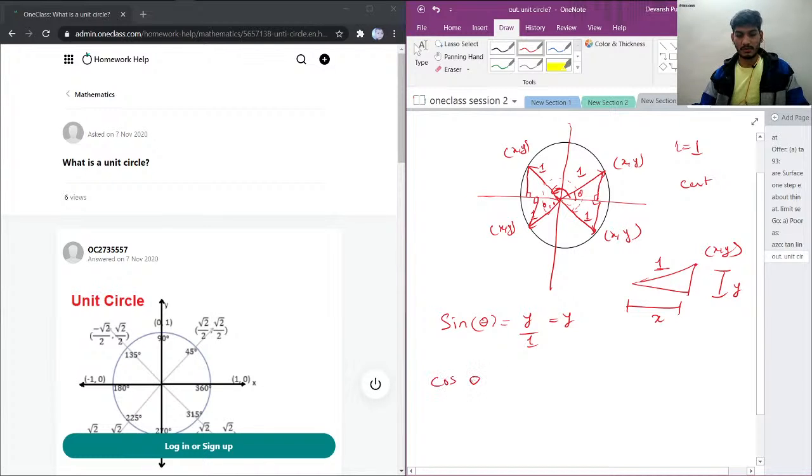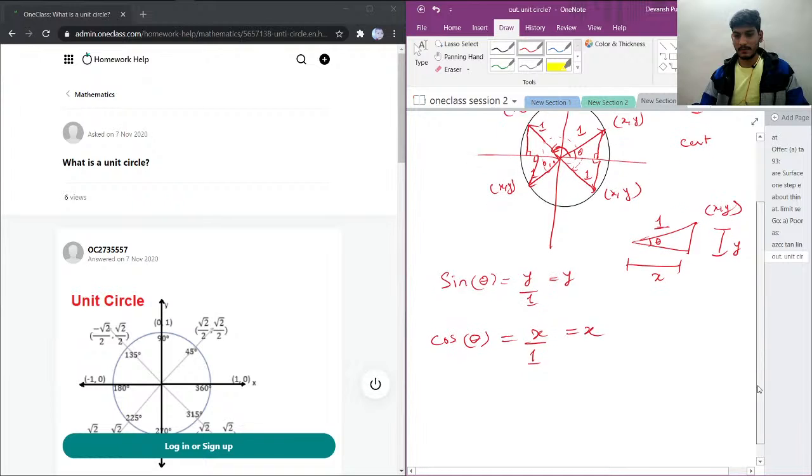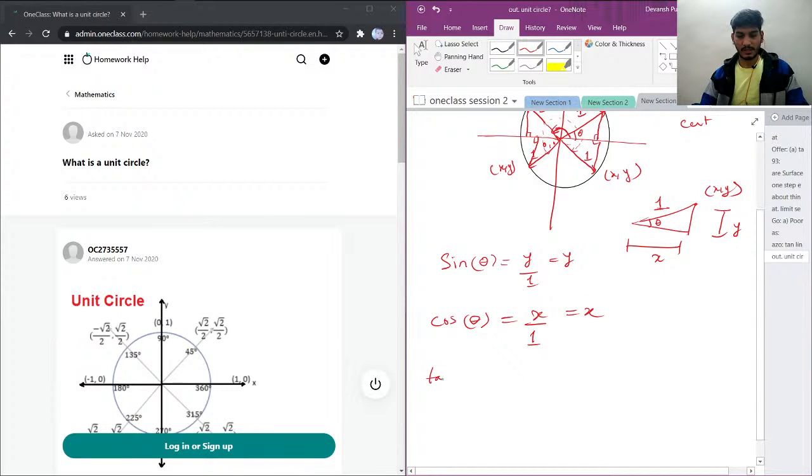My cosine of theta is going to be x. Let's say this is theta. This will be base over hypotenuse, and then my tangent of theta is going to be y over x.